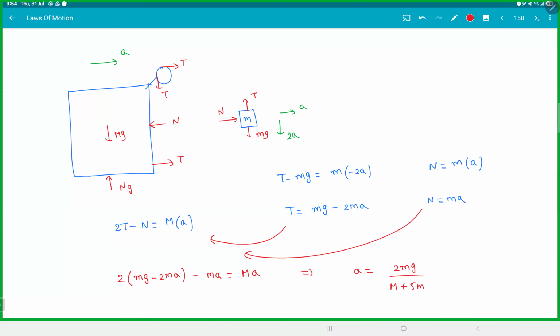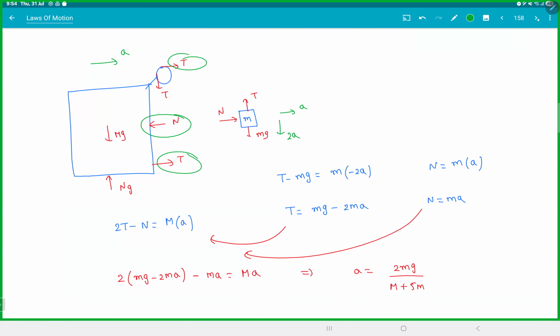How did I get the first one? Which one, Vanshika? You can just unmute and tell. 2T minus mg. Where 2T minus N? This one, see. Tension, tension, normal reaction. Forces in the horizontal direction.